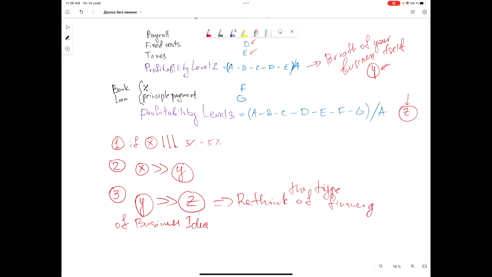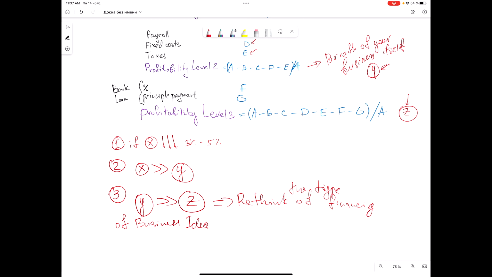And they are very disappointed because they have to bring all their profits to the bank, and they are just working day and night and providing the bank with their profit. So they are just paying the bank loan, and that's it. Nothing is left for themselves.